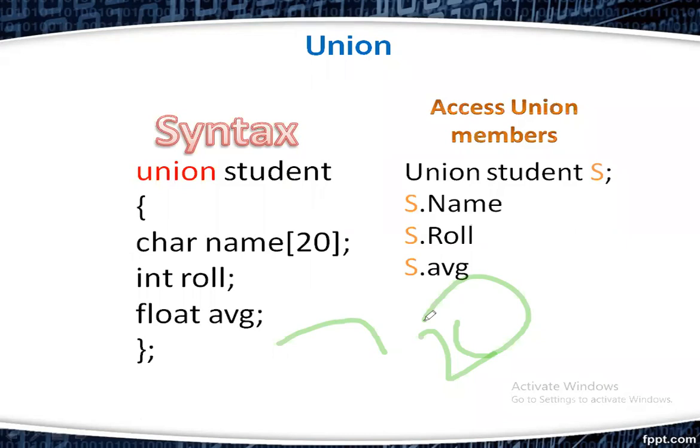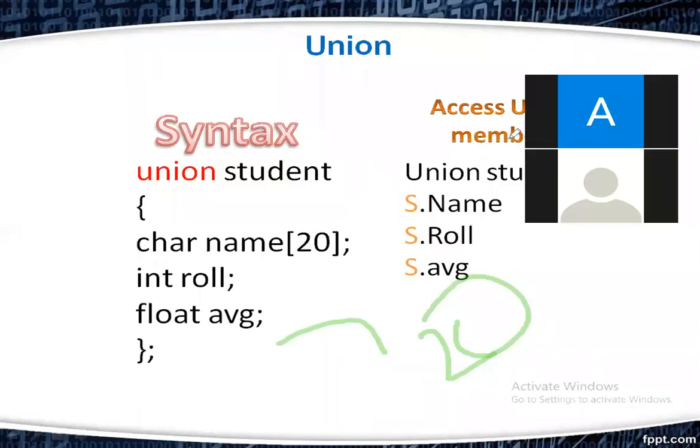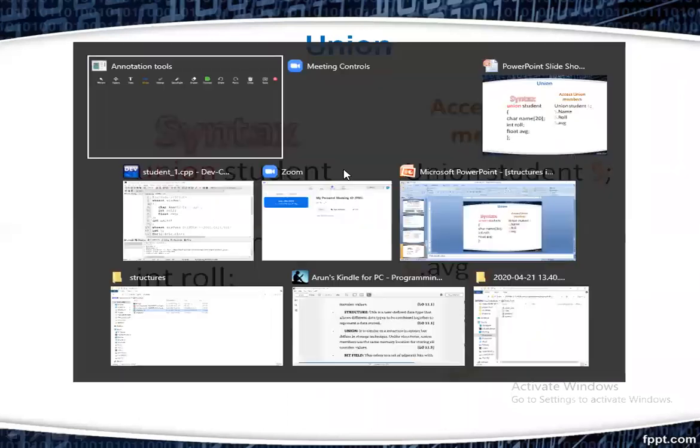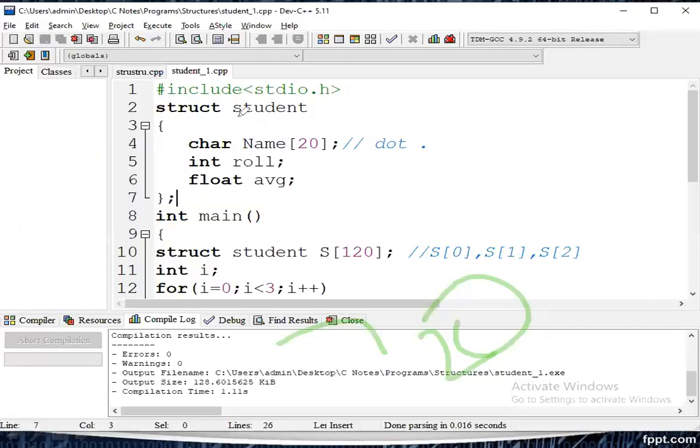But a structure can store the total information permanently, because it occupies the total bytes. In the union, it occupies only the highest possible size. Let us verify the program.